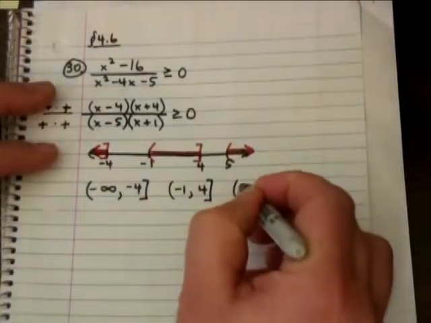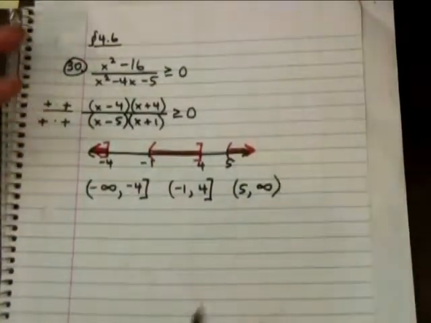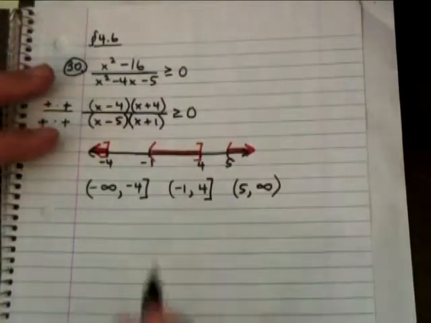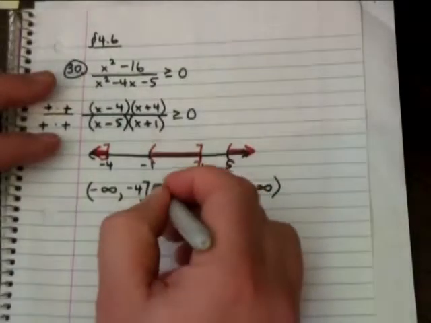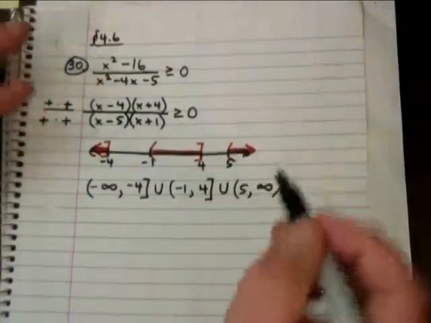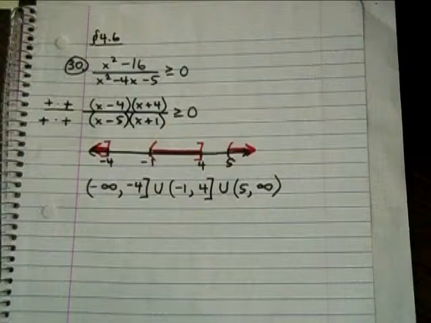And then I have this interval from 5 as far out to the right as I want, so we'll call that infinity as well. And then I want to show that there's a connection between all of these intervals, so I use this, what looks like a capital U, but it stands for union, to connect those together. So then that is the solution of this nonlinear inequality.